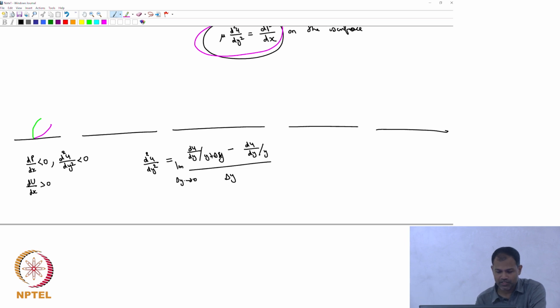I want d square u by dy square to be less than 0. So that means du by dy at y plus delta y should be smaller than du by dy at y. Okay, so du by dy is the slope, and that slope should be largest at the wall.